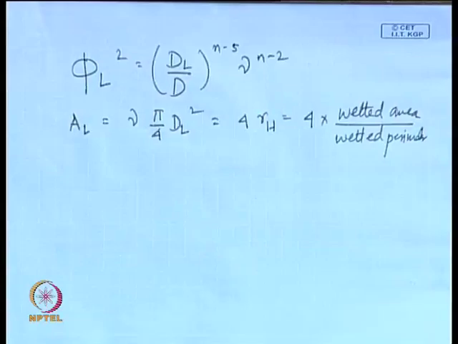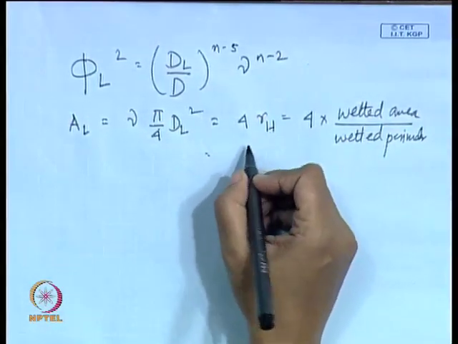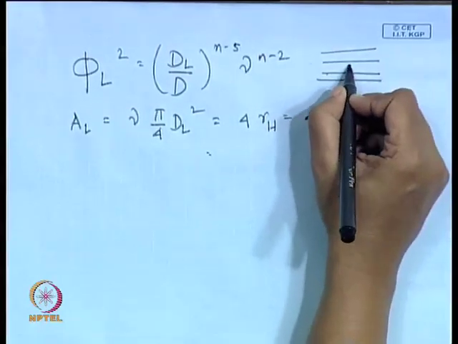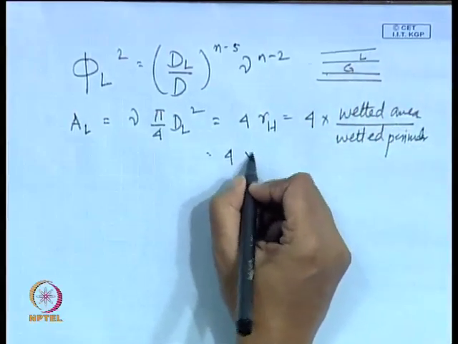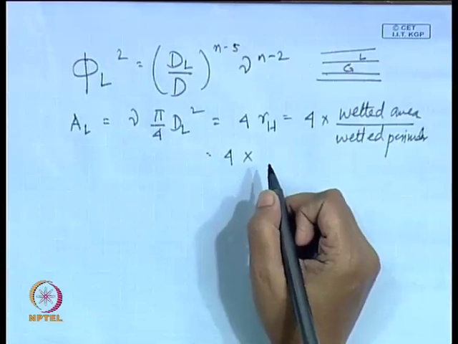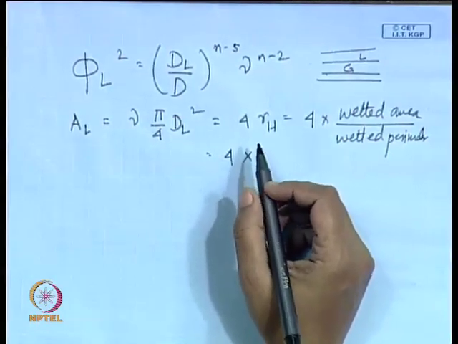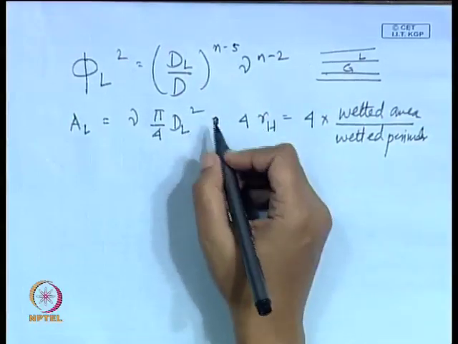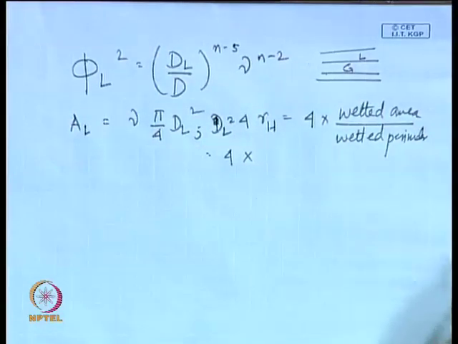So, therefore, what is the wetted area in the annular flow case? Suppose you take up the annular flow case, I had already drawn it in the last class. This is the gas core, this is the liquid film. So, what is the wetted area in this particular case and what is the wetted perimeter? Sorry, d L equals 4 R h, I wanted to say. Anyhow, it is all right now.